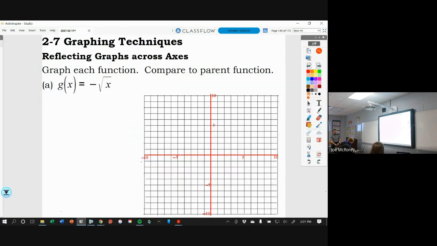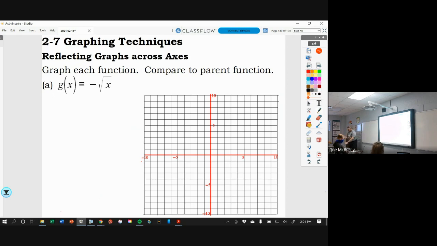We're going to graph the function g of x equals negative square root of x. A while ago we talked about a, and we said that a is positive, a is positive, a is positive. But what if there's a negative sign in front of it? It's part of the a, but we're not going to treat it as far as compressing and stretching go.